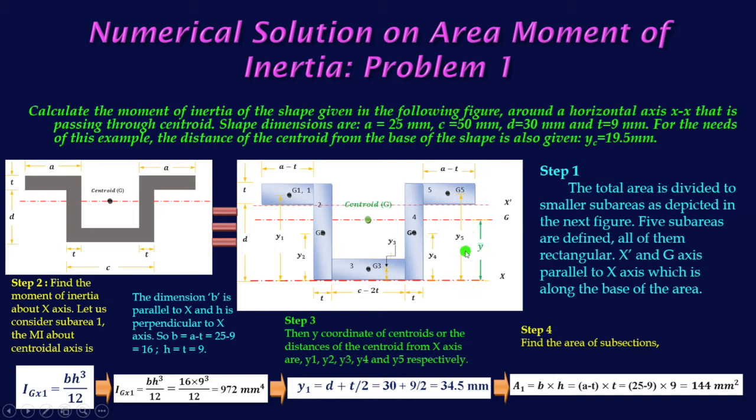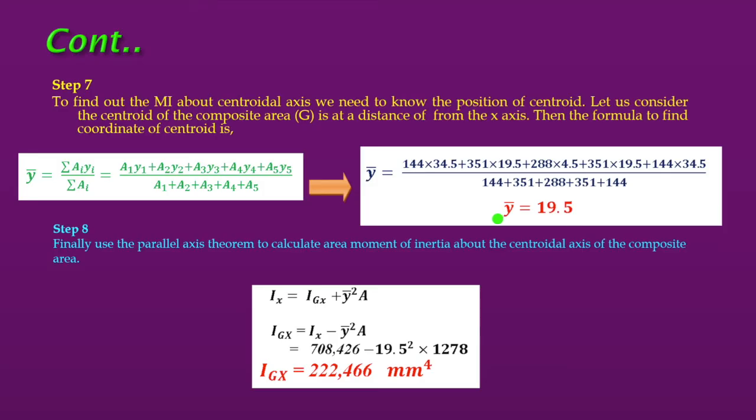Then, using the parallel axis theorem, we know about this axis. Using the parallel axis theorem, we can get Igx. Okay. How to find it?